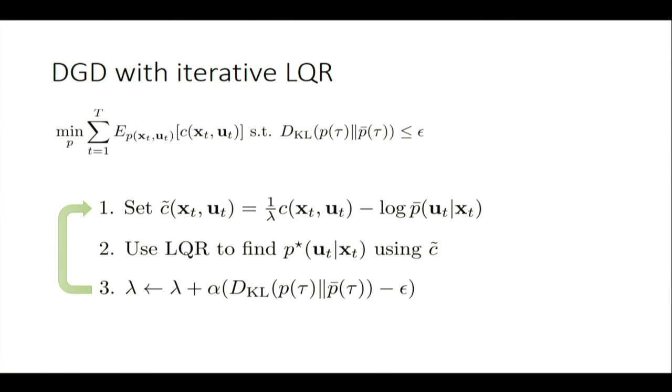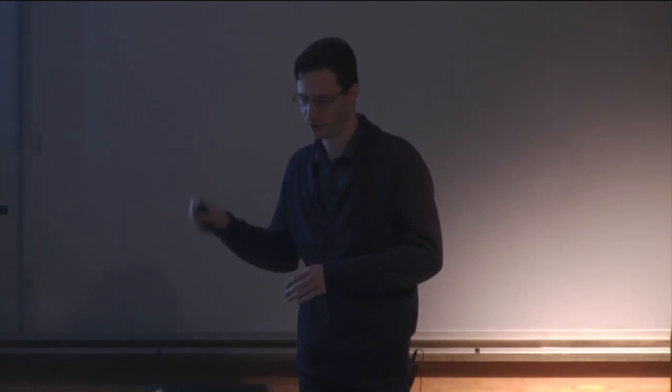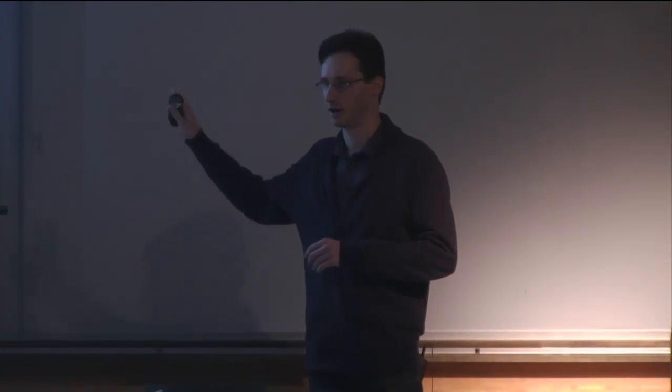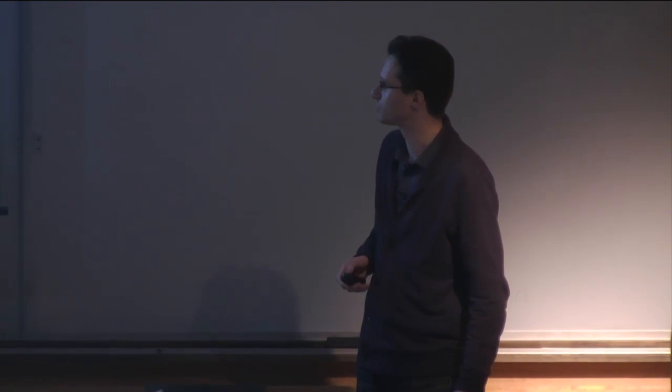So this will get us a new controller where the resulting trajectory distribution is within some epsilon of the old trajectory distribution. So this is for linear Gaussian controllers. For more complex neural network policies, we'll see how we could do this later on in the course. But this we can use for the local models method. And that'll keep us close to the old policy.